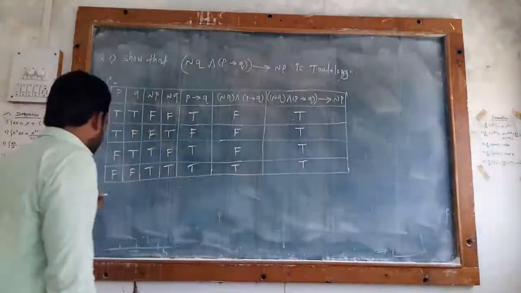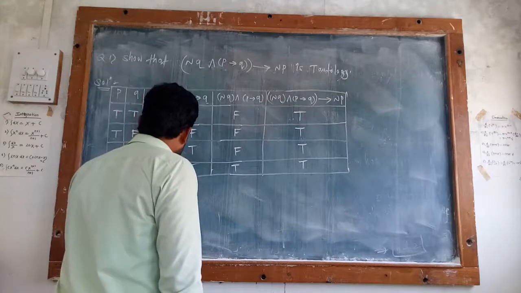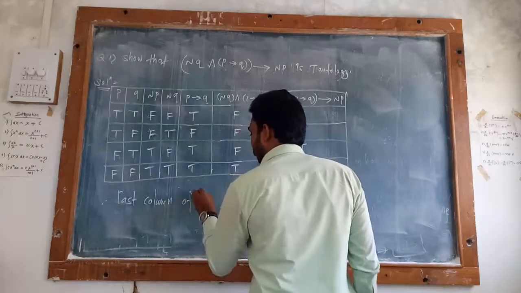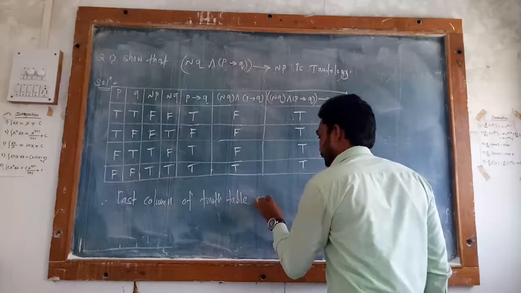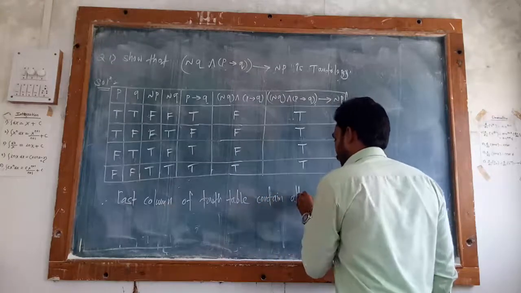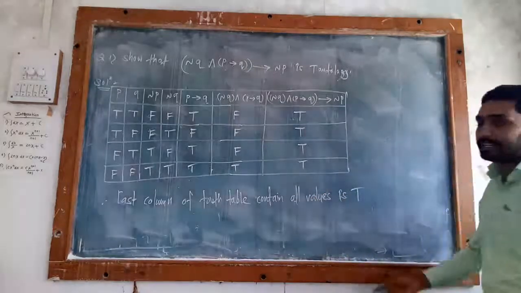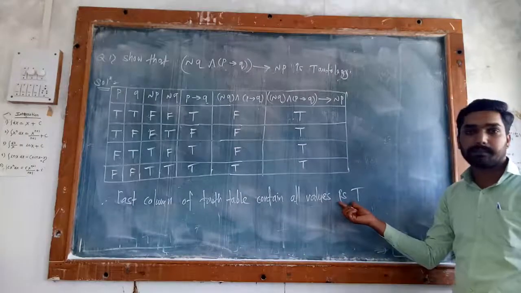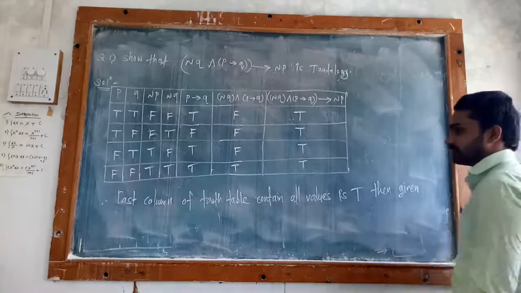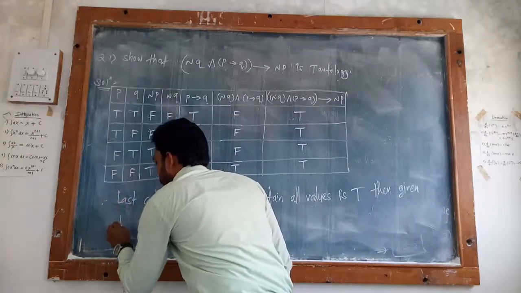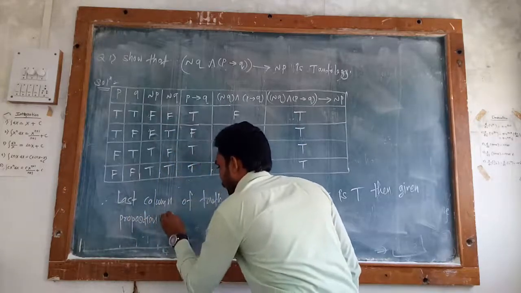So if the last column of the truth table contains all truth values as capital T, then the given proposition is a tautology.